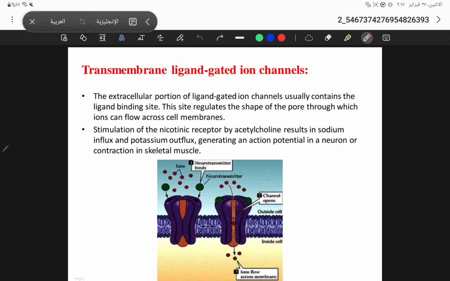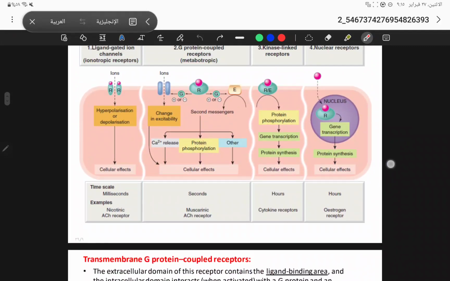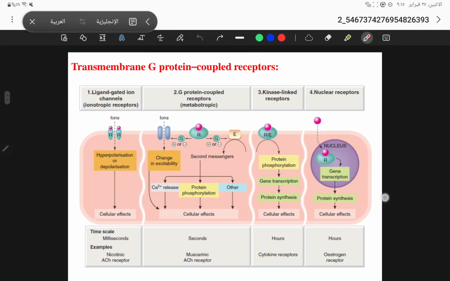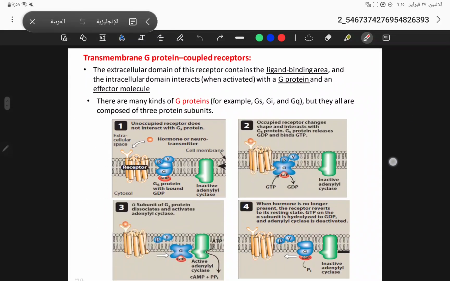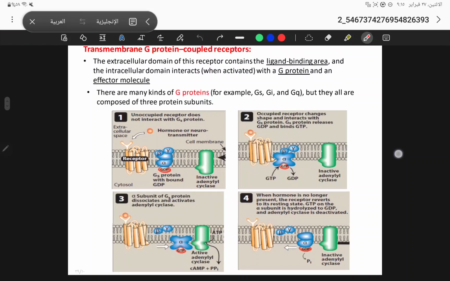The second one is the transmembrane G protein coupled receptors. If we look at this figure, we have an extracellular domain. Domain means a region. We have domains for the binding of the drug with the receptor, then a part within the membrane, the transmembrane part, and a part inside the cell.